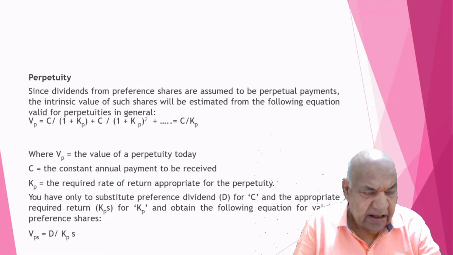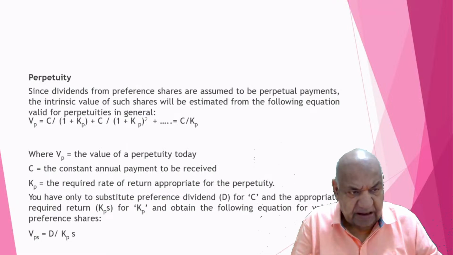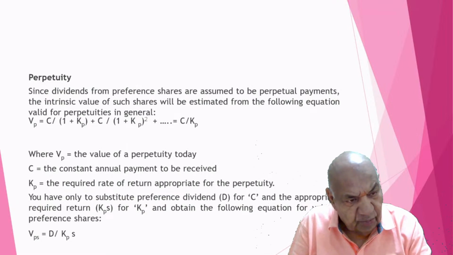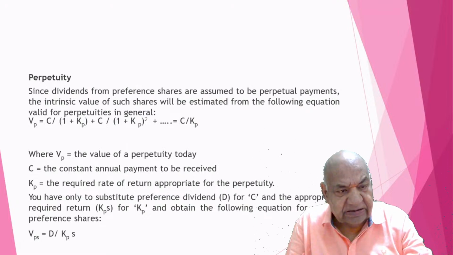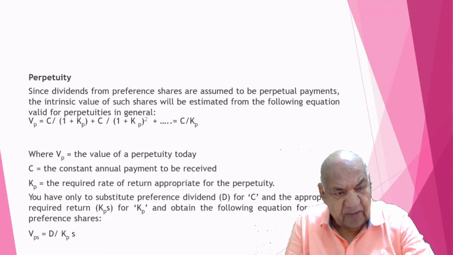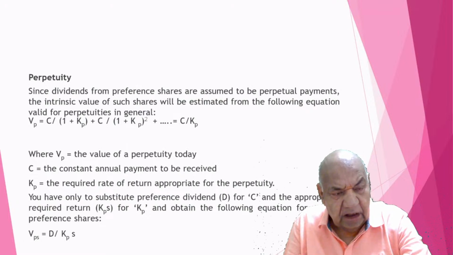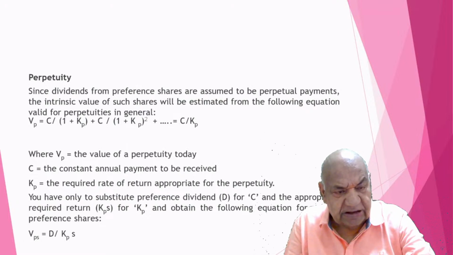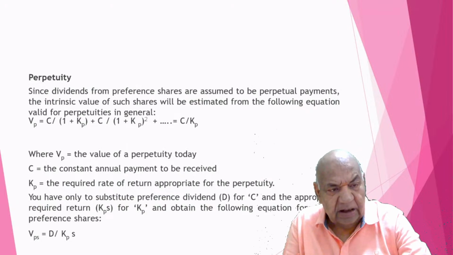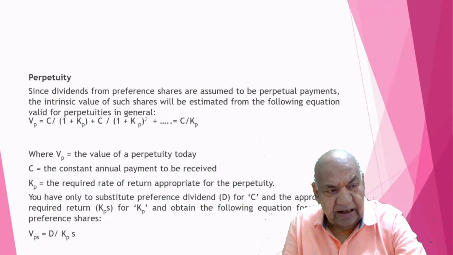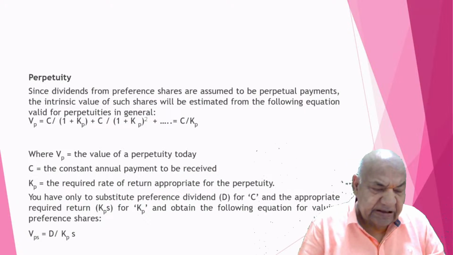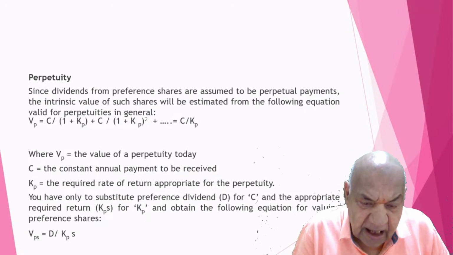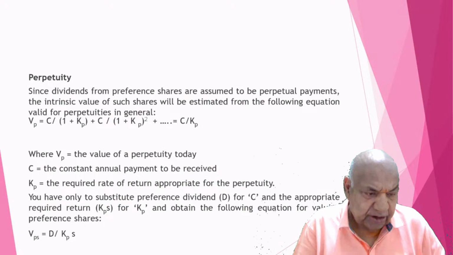C divided by 1 plus KP raised to 1 because it is the first year, plus C divided by 1 plus KP raised to 2 because it is the second year, and so on. C upon 1 plus KP raised to n, it is equal to C upon KP, and KP is the required rate of return appropriate for the perpetuity.